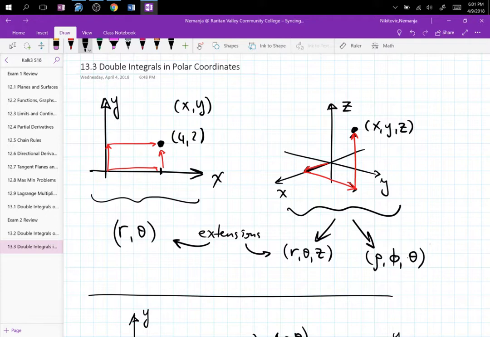Then there are the polar equivalents, where the Cartesian coordinates become r comma theta, and in 3D we will have either cylindrical or spherical, which is our next lecture.